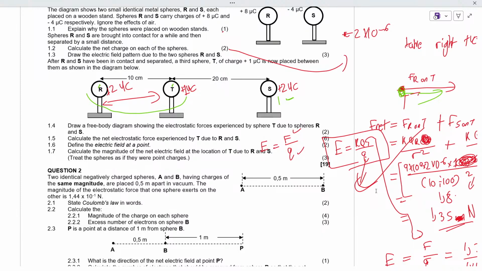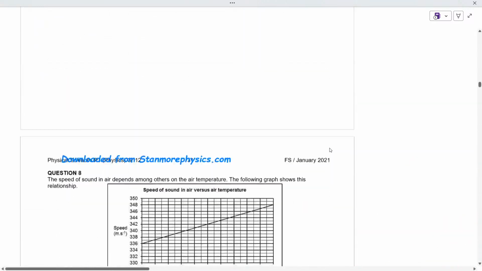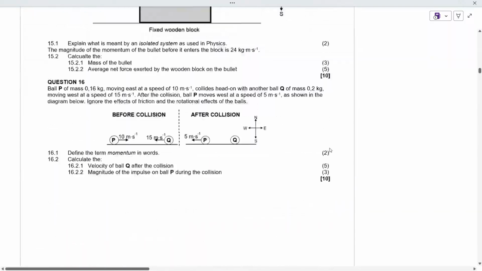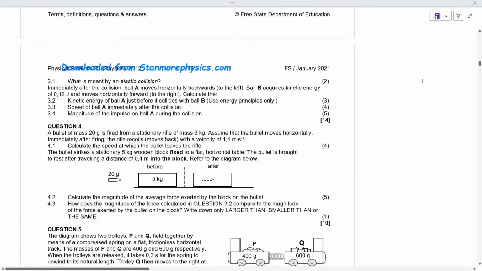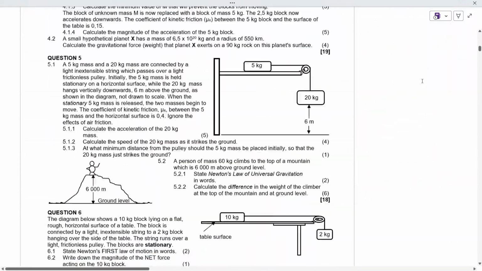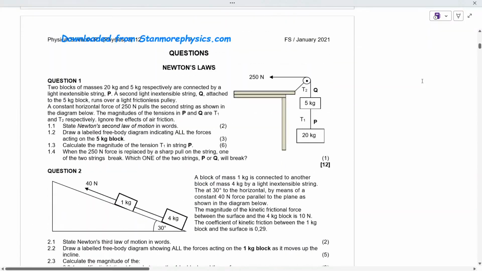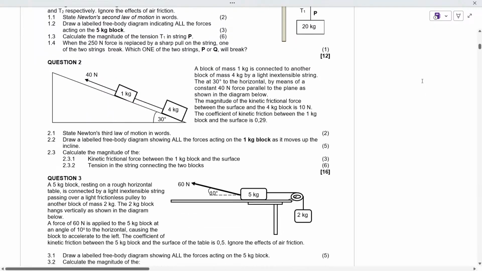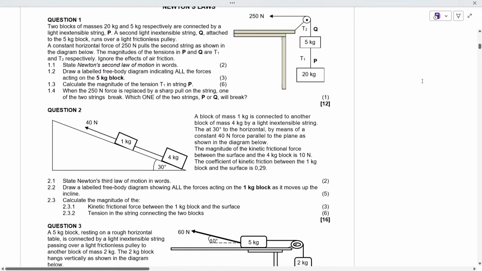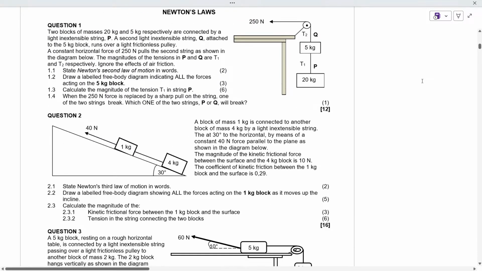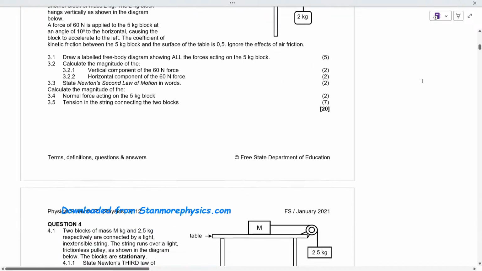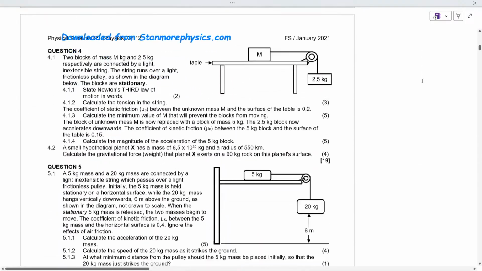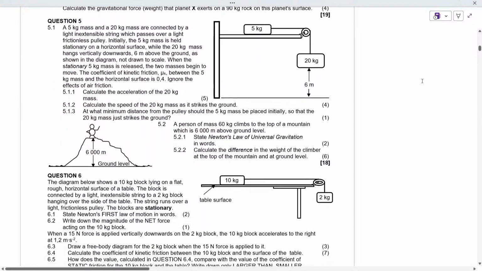Okay, I think we can do the last one on Newton's laws, and then I can help the grade 11s. So which one? Should I scroll through so that you can choose which one you want us to do? Let me scroll slowly so that you can see which one you want to do.